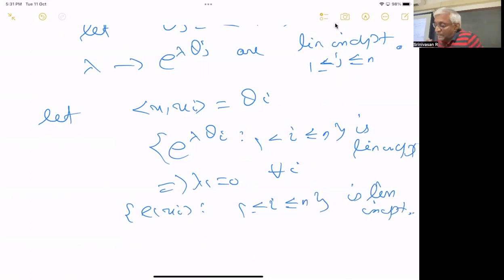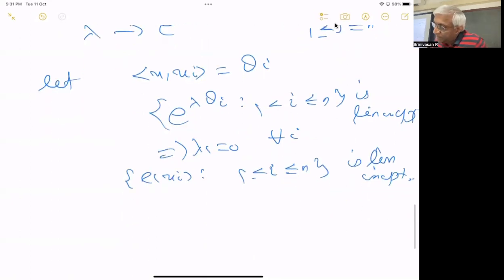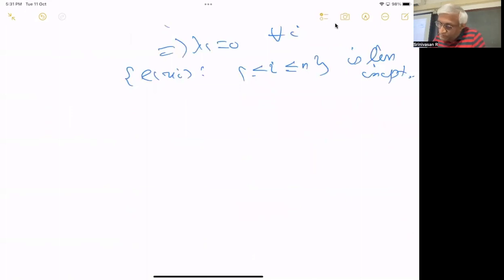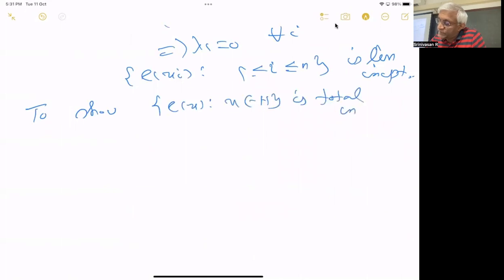So totality. For that we do the following. To show e power u in h is total, you have to get every vector in the finite particle space, the finite symmetric tensors.